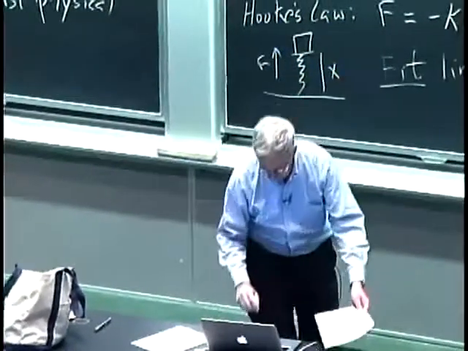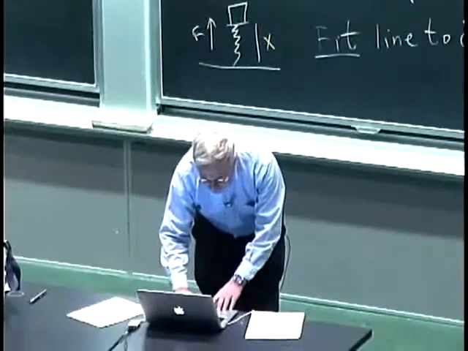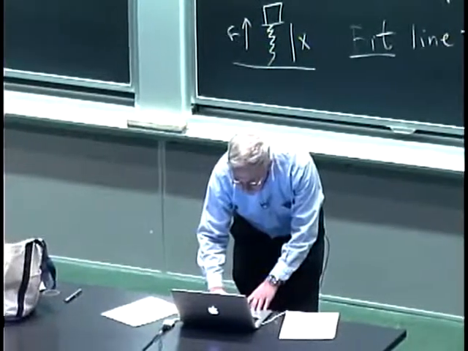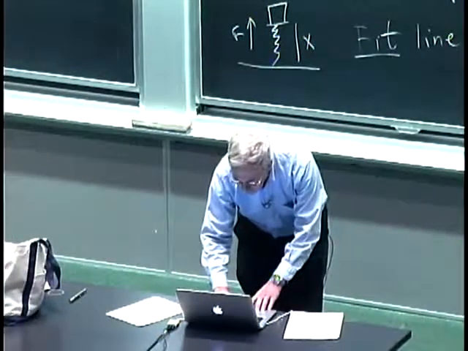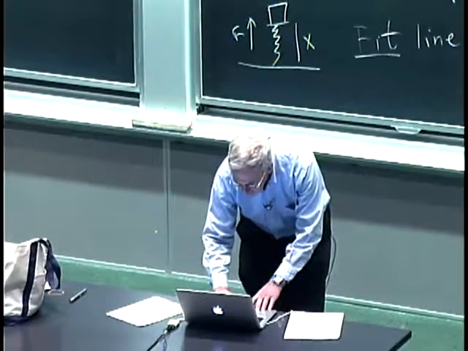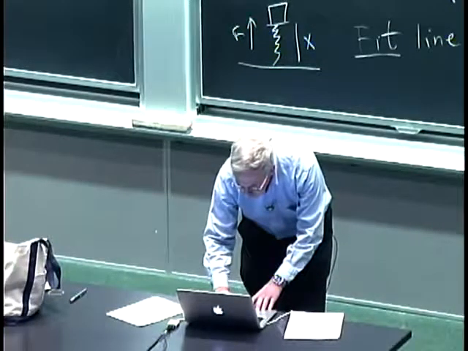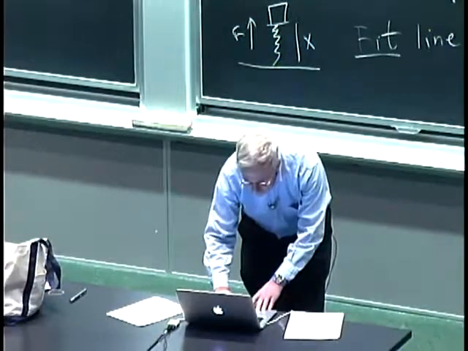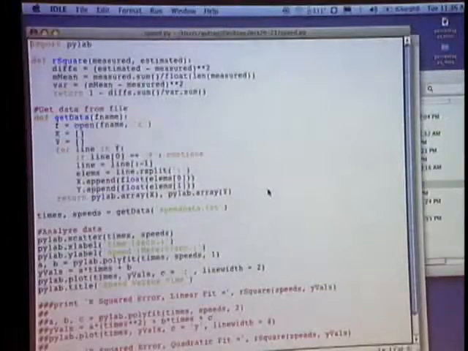As an example of that, let's look at another set of inputs. This is not a spring. It's the same getData function as before. Ignore that thing at the top.